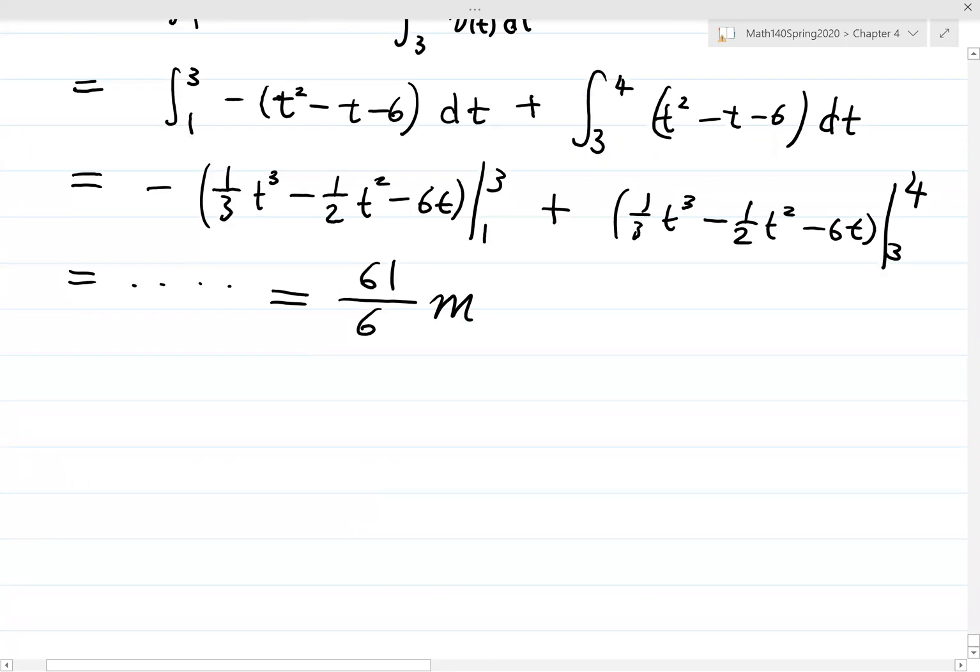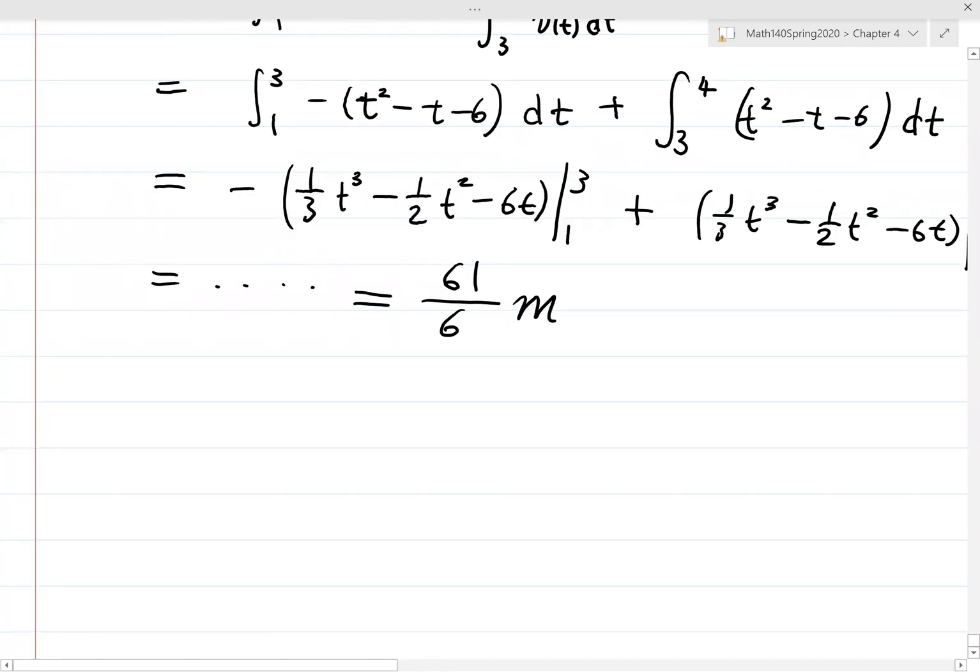Now let's see another example. Okay, linear density problem.